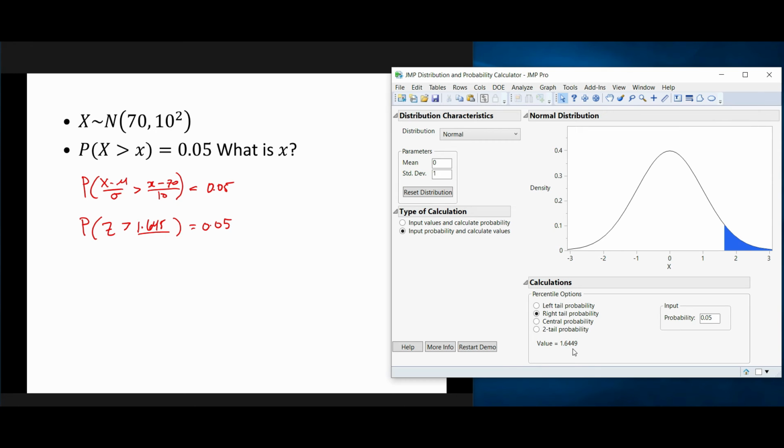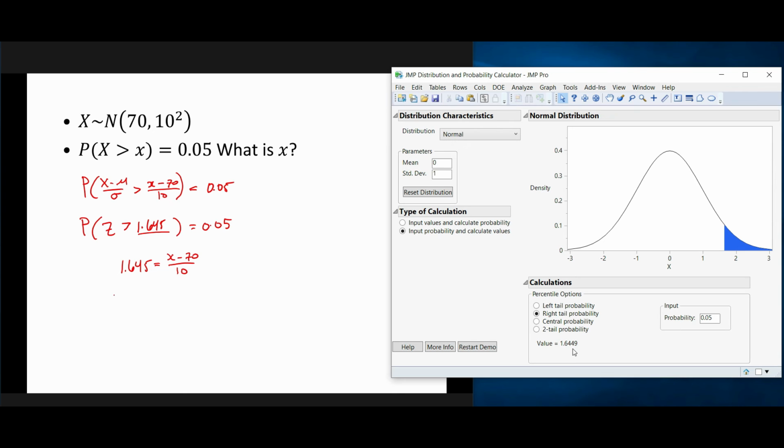For that z value. And so now by my standardization process, I know that 1.645 is equal to x minus 70 over 10. And I can do a little bit of algebra to actually figure out what the score on the poster needs to be to separate the top 5 from the bottom 5. So I'll do a little bit of algebra there.